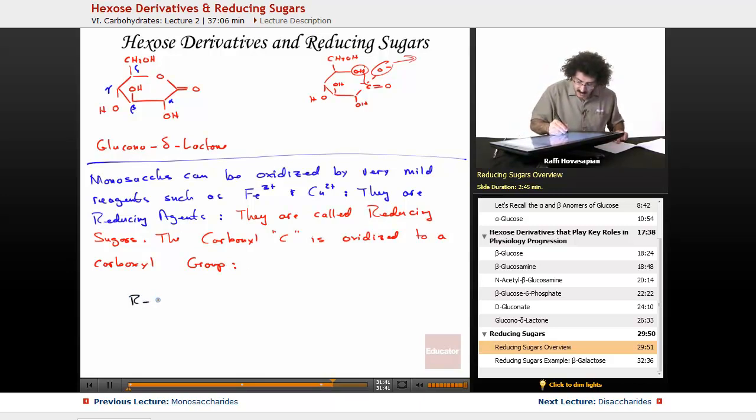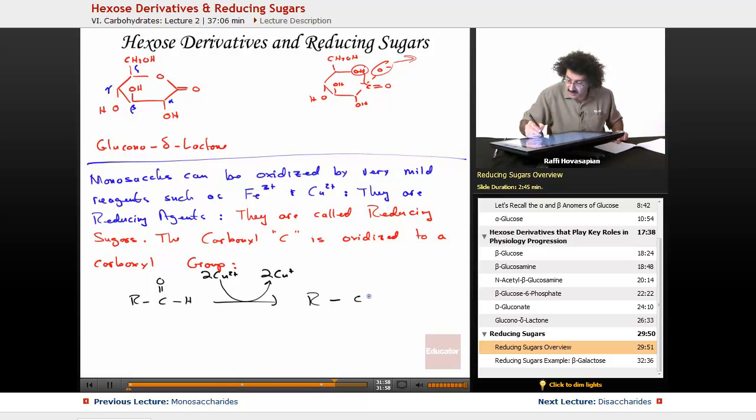You have R, C, this is the aldehyde, okay? Let's just go ahead and use 2 copper 2+ to 2 copper 1+, and what you end up with is RC, this. So this aldehyde is actually converted to a carboxyl, okay? Because that's available, the free end of the linear form of the sugar.